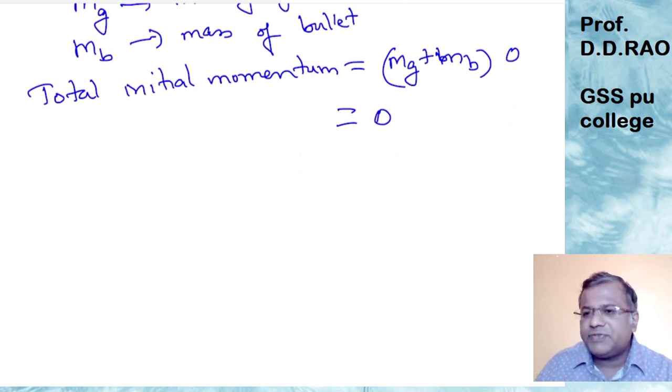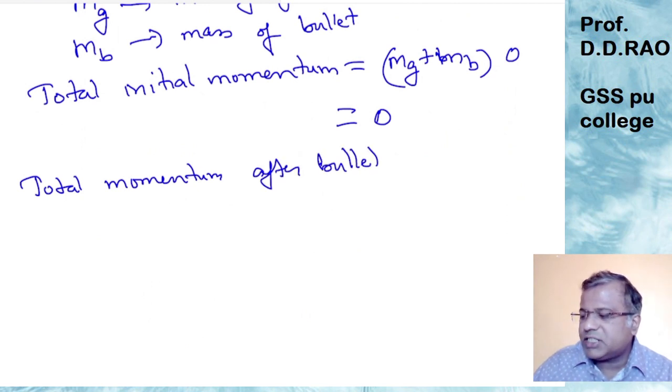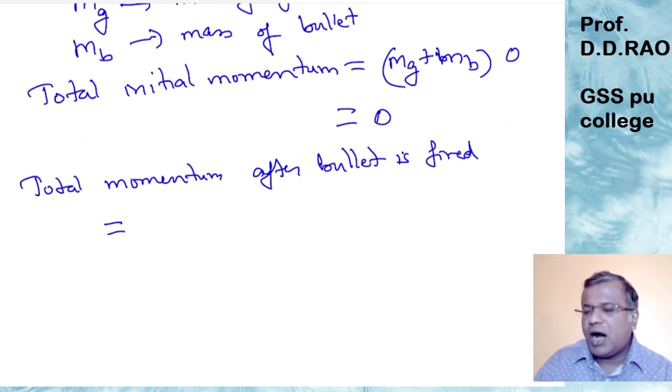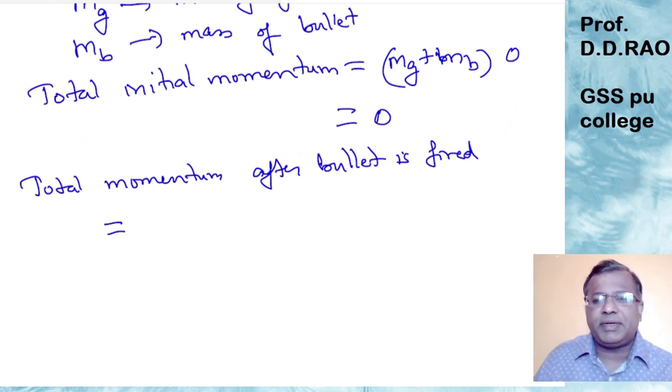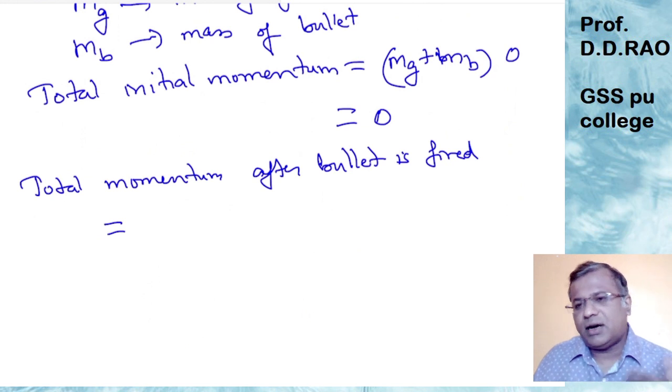What happens after the bullet is fired? The total momentum after firing: the bullet is separate, the gun is separate. Do you think the gun will also go in the same direction as the bullet? I don't think so.